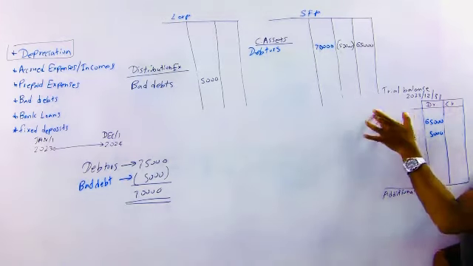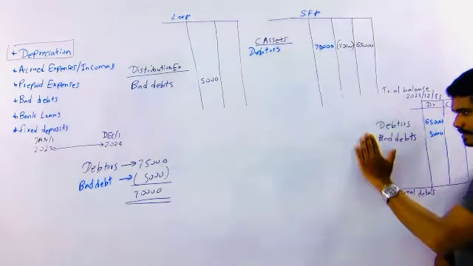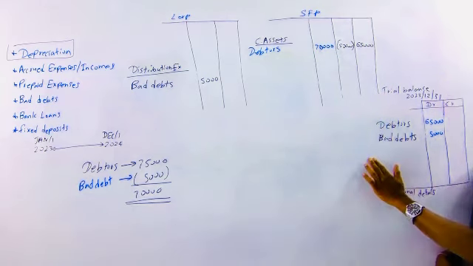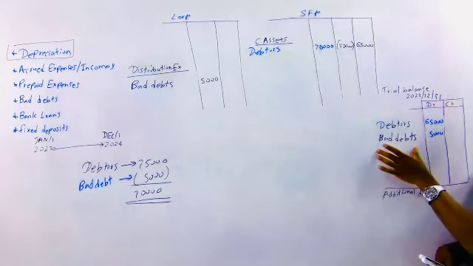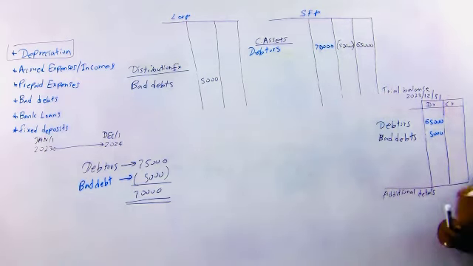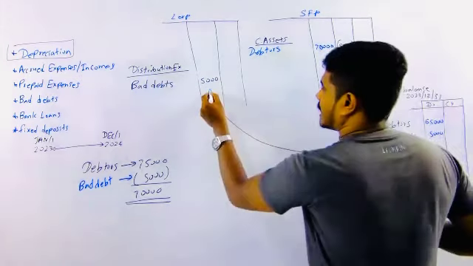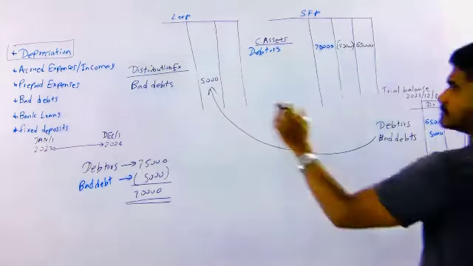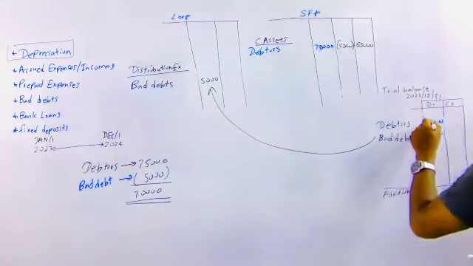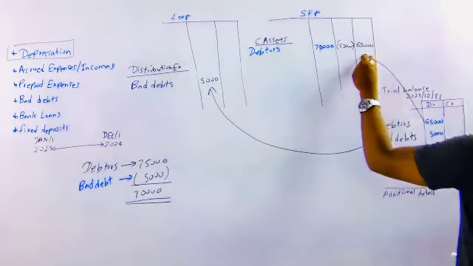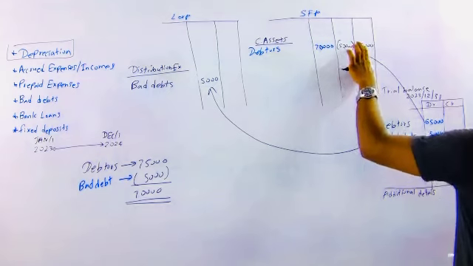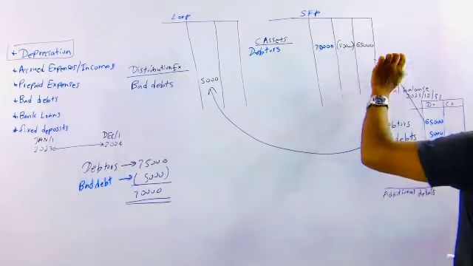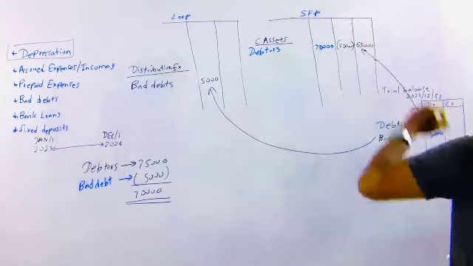So it means we have already adjusted this. So this time we just have to input bad debts here, because the value of bad debts is 5,000 and the remaining debtors are 65,000, right?